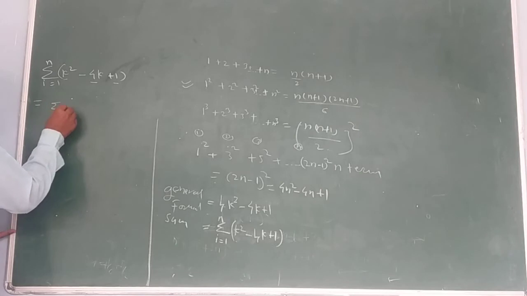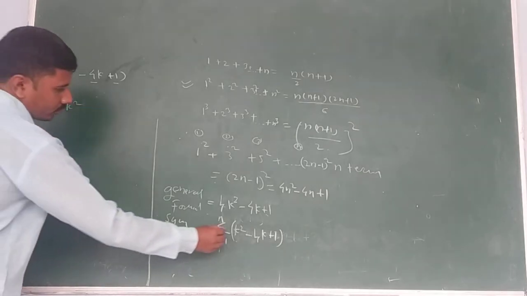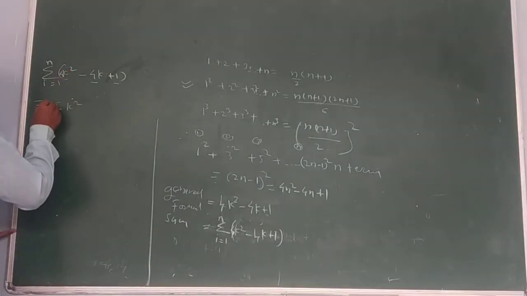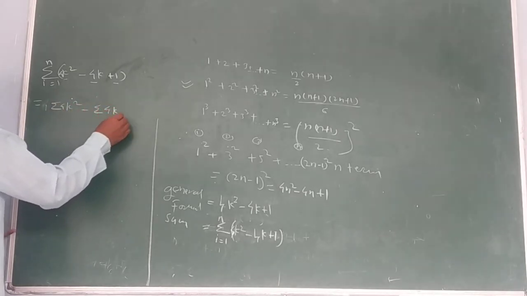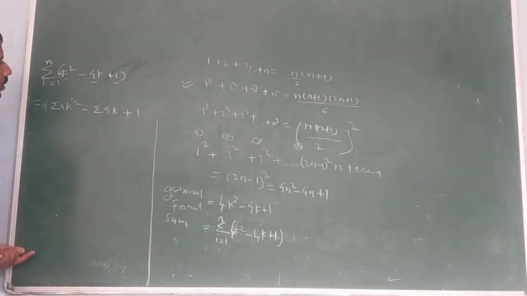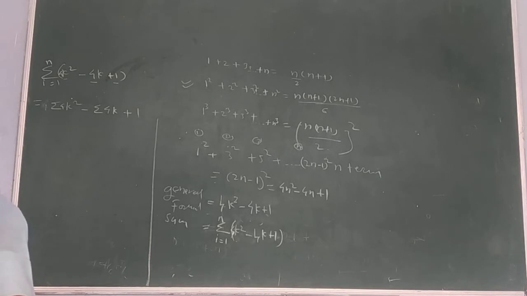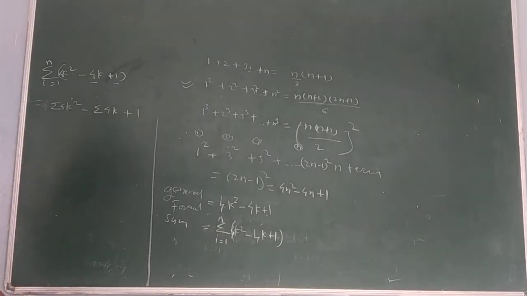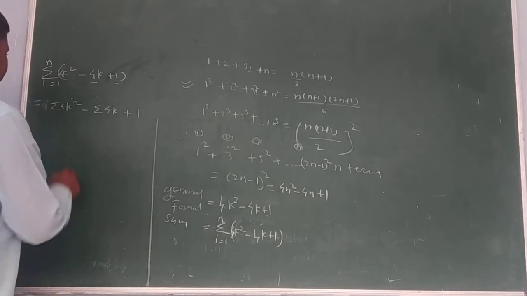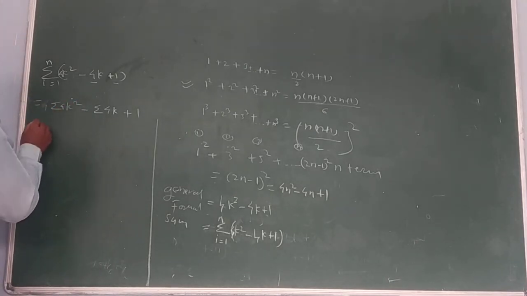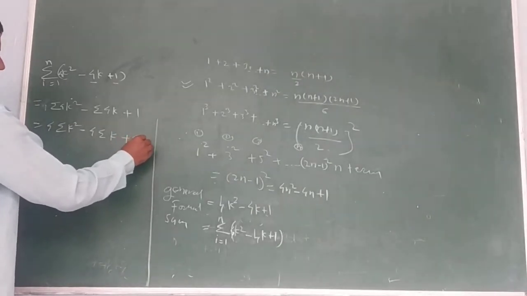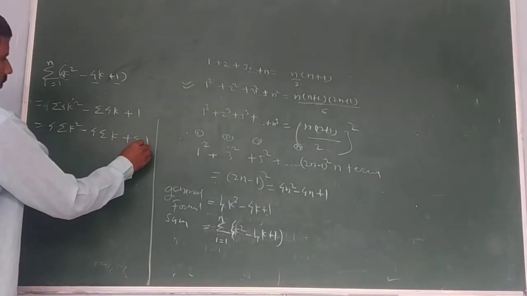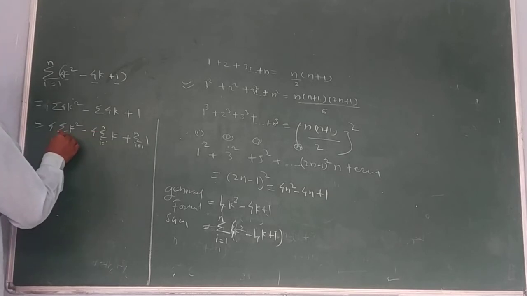It is equal to summation of 4k square minus summation of 4k plus summation of 1. Now, in the summation of 4k square, 4 is a constant, we can take it outside: 4 into summation of k square, minus 4 into summation of k, plus summation of 1, each from 1 to n.